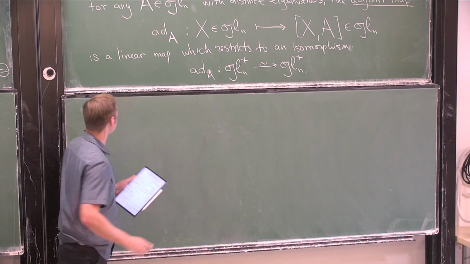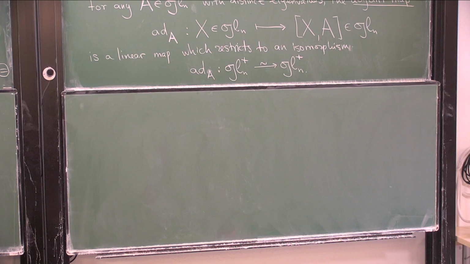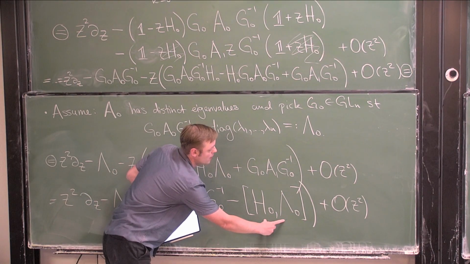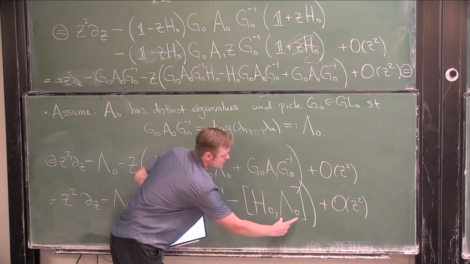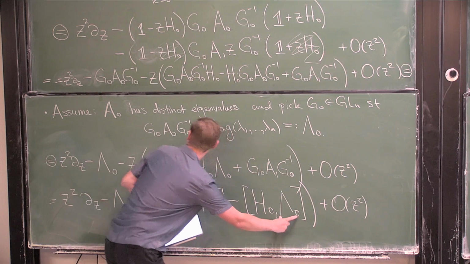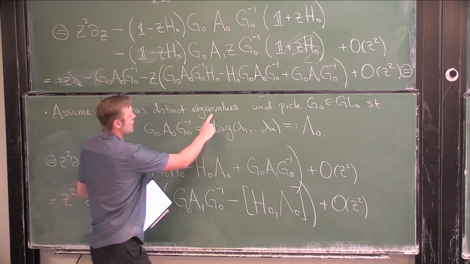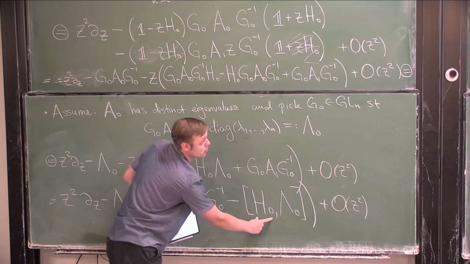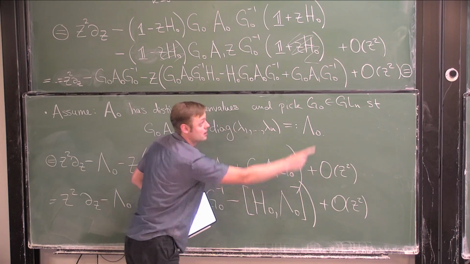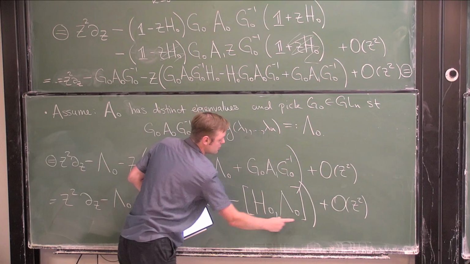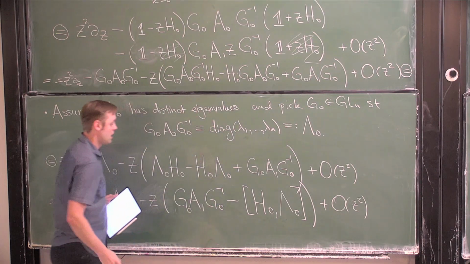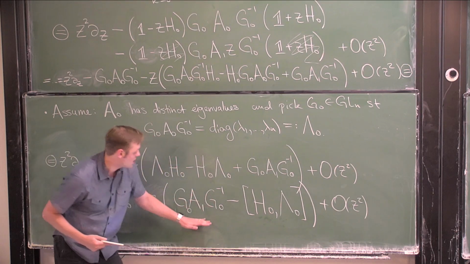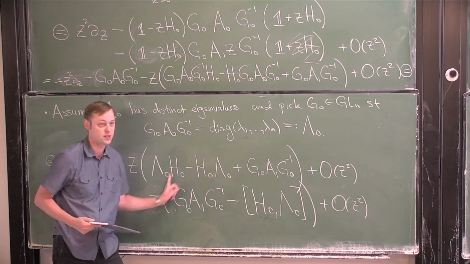It's very neat. And this is going to be very helpful for us here because exactly here we have the adjoint map where A gets replaced by this diagonal matrix lambda naught, which we have assumed has distinct eigenvalues. And H naught is our X. The adjoint map is applied to H naught. What we're looking for is H naught which can kill as much of this matrix as possible.